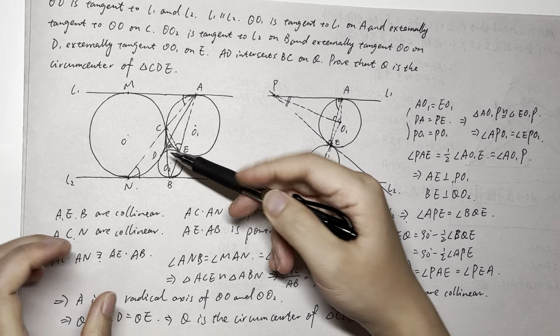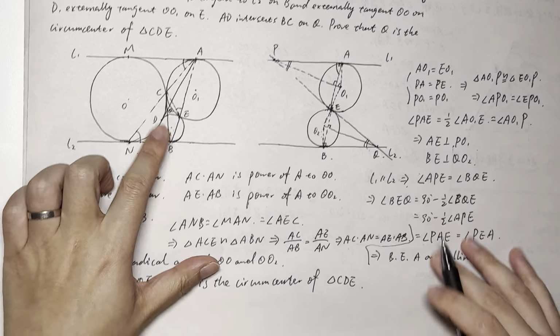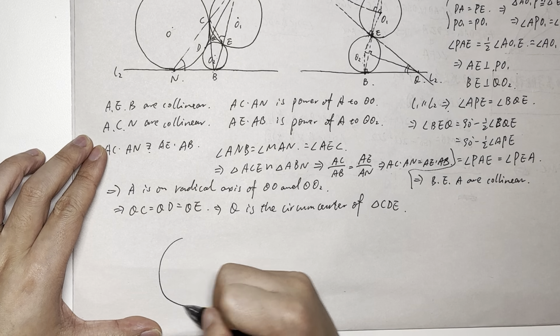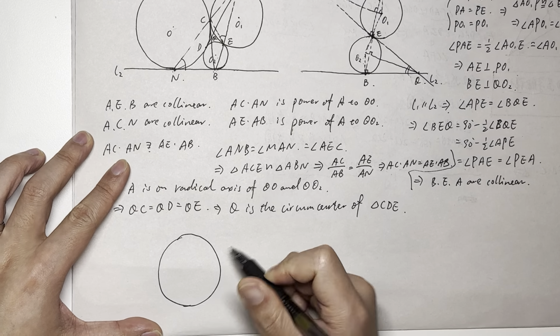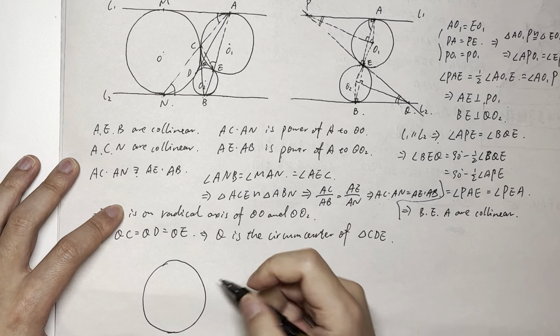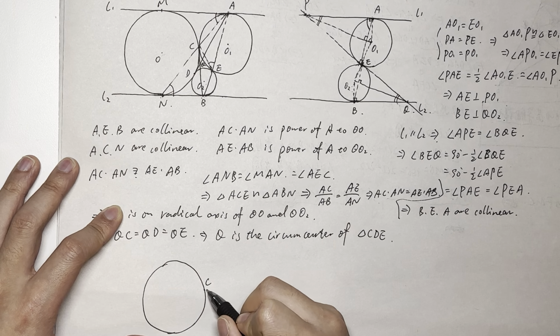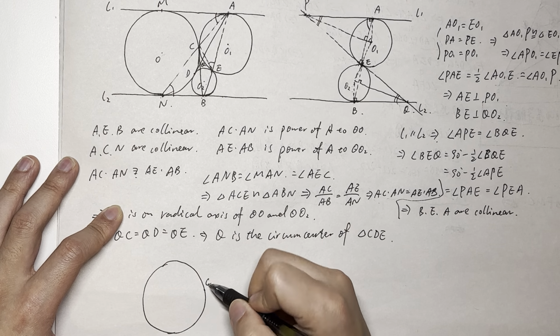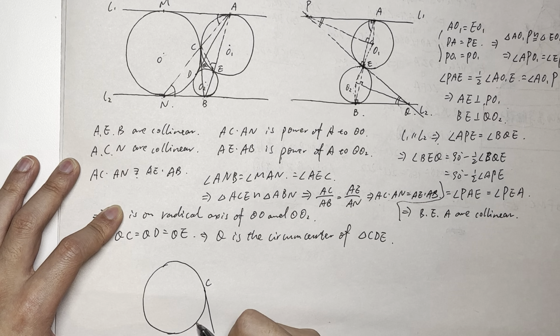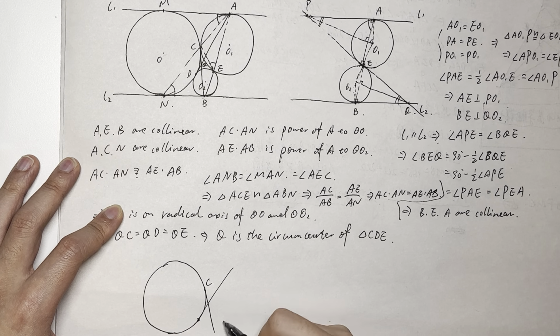I think this is very straightforward, because C is a tangent point and CB is a tangent line, D is a tangent point and DA is a tangent line, which means the intersection point Q makes QC and QD tangent segments, so QC equals QD, and similarly for QE.